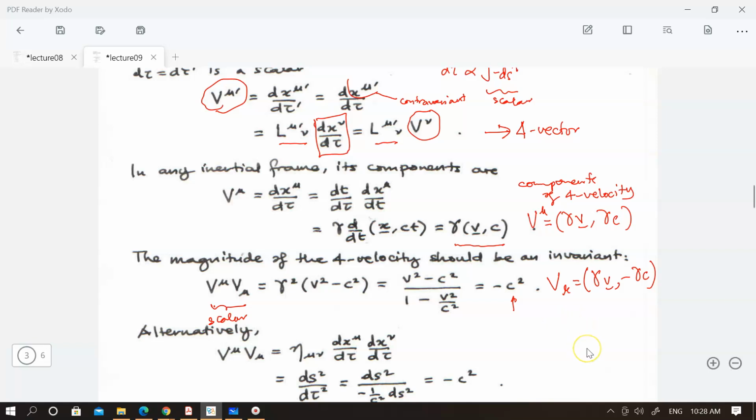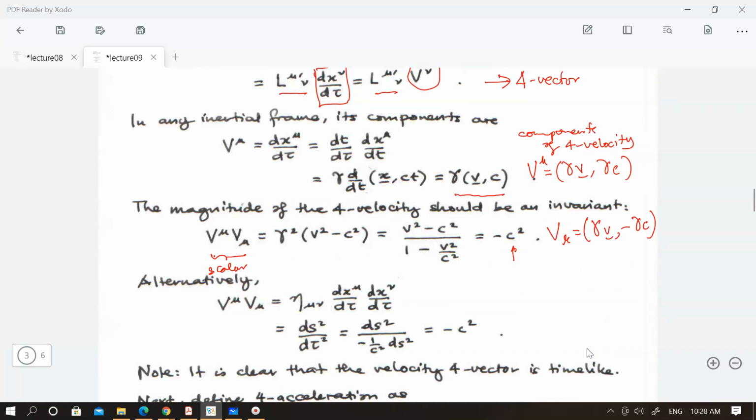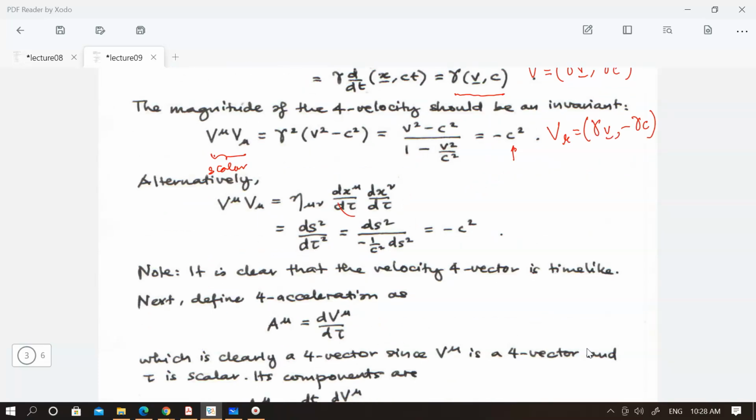One can also see the same fact by just using the definition of your v mu earlier with respect to the proper time, and then you get the same result. So now essentially we have defined a four velocity in almost the same sense as your velocity in ordinary Newtonian mechanics.